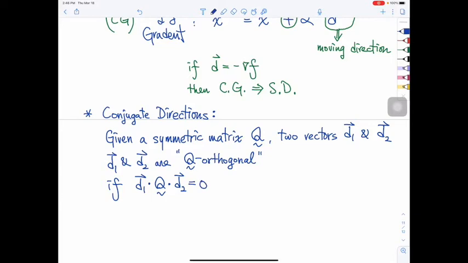Okay? That's how you describe something related to conjugate directions.